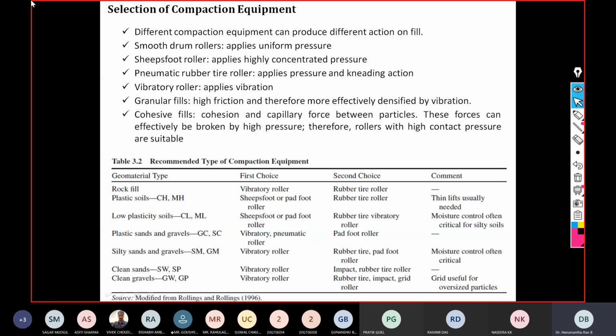You should not go for large lift thicknesses. Then low plasticity soils like CL, ML, again a pad foot roller. You can go for a rubber tire or vibratory roller. In the earlier case, it is only the rubber tire roller, but in case of low plastic soils, you can also apply some kind of vibration.